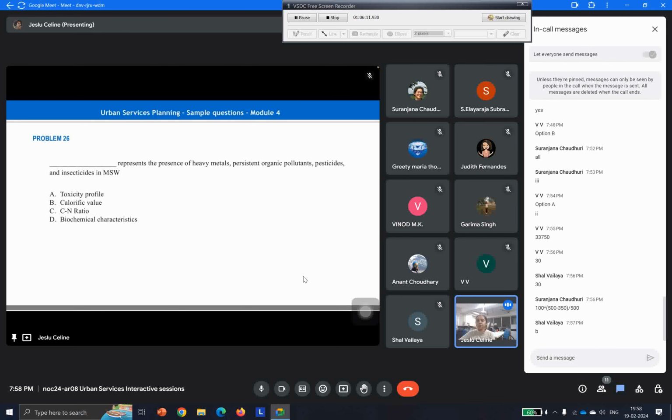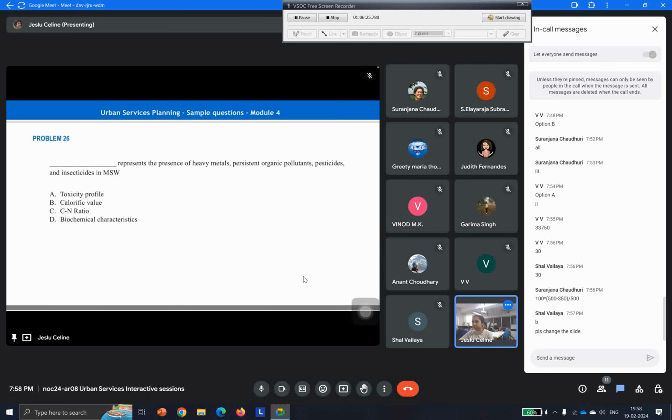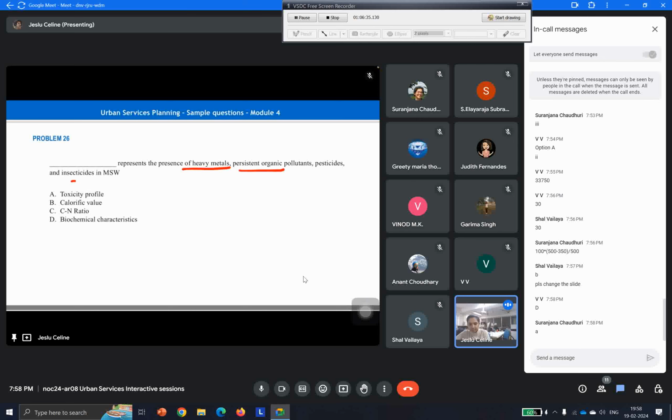Dash represents the presence of heavy metals, persistent organic pollutants, pesticides, and insecticides in MSW. A, toxicity profile, B, calorific value, C, CN ratio, and D, biochemical characteristics. Somebody says A, somebody says D. Somebody says biochemical characteristics, somebody says toxicity profile.